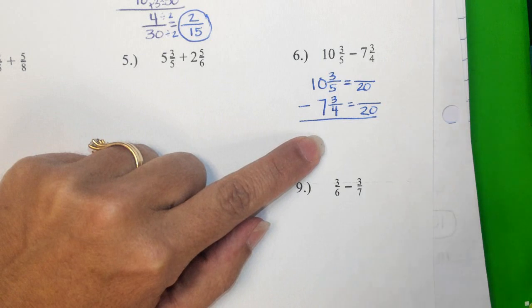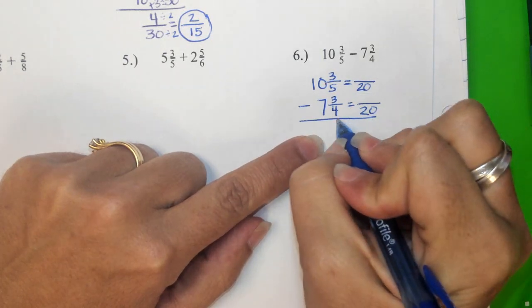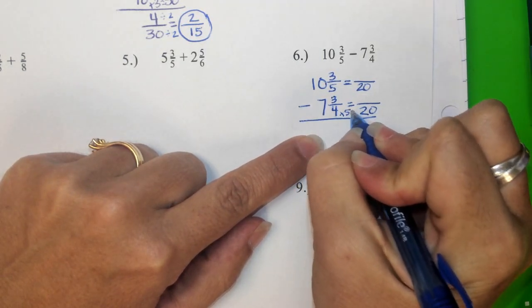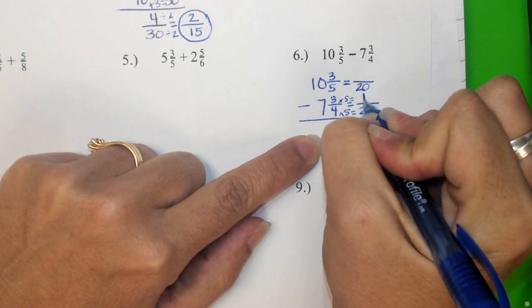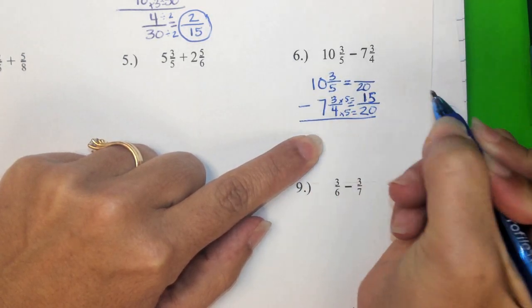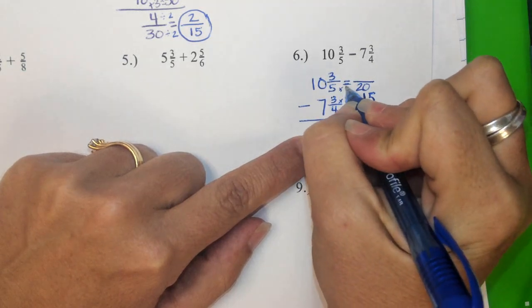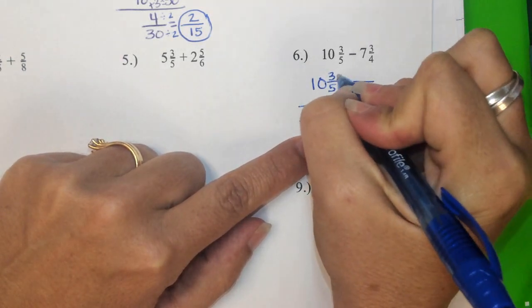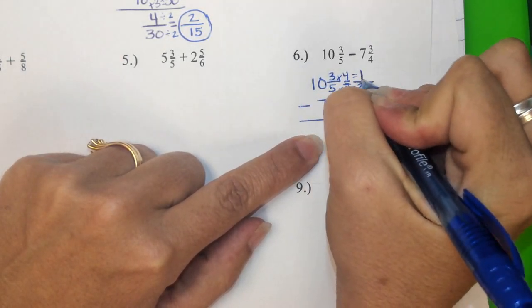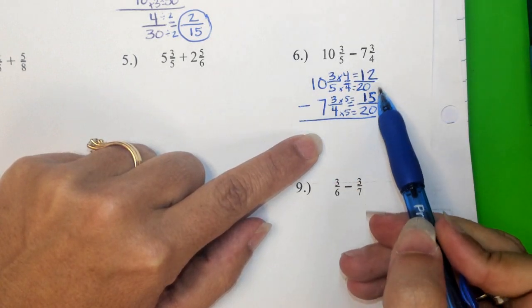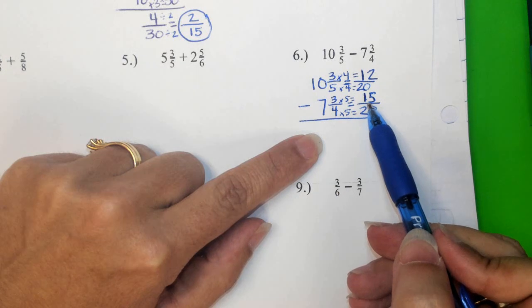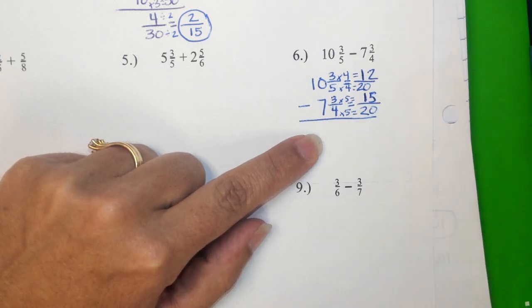Okay. Now, my brain is doing this. 4 times 5 is 20. 3 times 5 is 15. 5 times 4 is 20. 3 times 4 is 12. Here is the problem, right here. 12 minus 15. Okay, I need to fix it up.